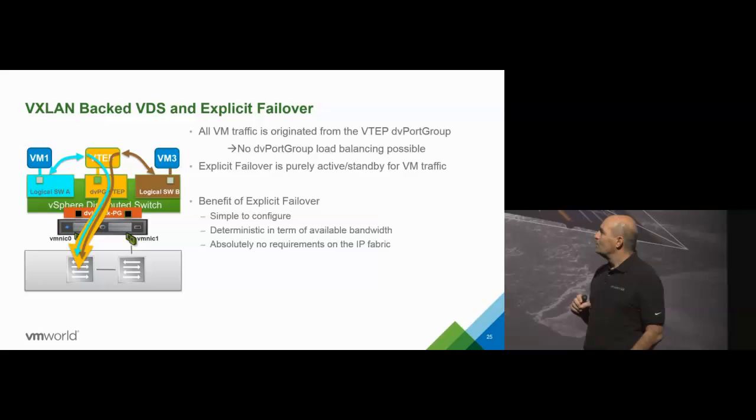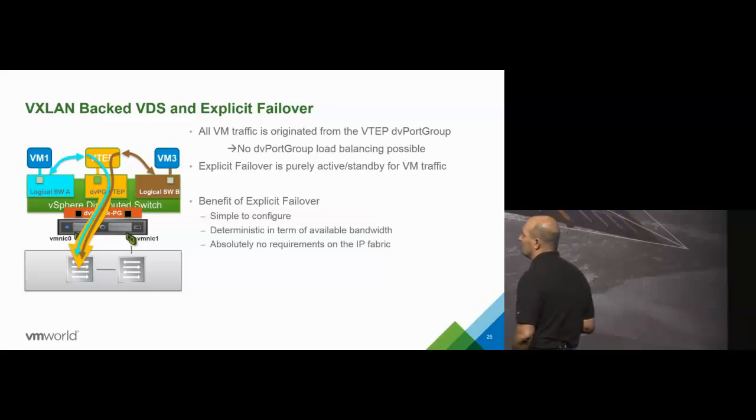So in this model, the explicit failover is really active standby, at least for the VM traffic. You can still do some other form of active standby per DV port group for your other infrastructure traffic, your management, vMotion, etc., right? But the VM traffic is going to go through a single uplink with this model. So not the best in case of load distribution.